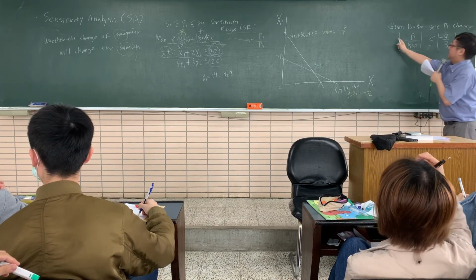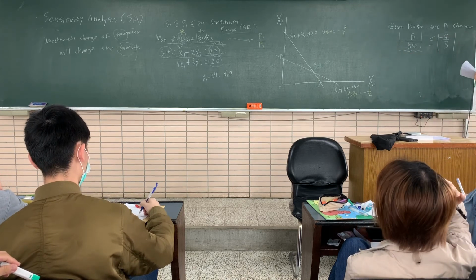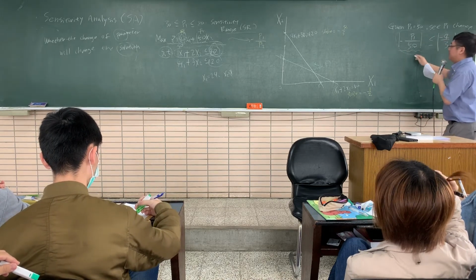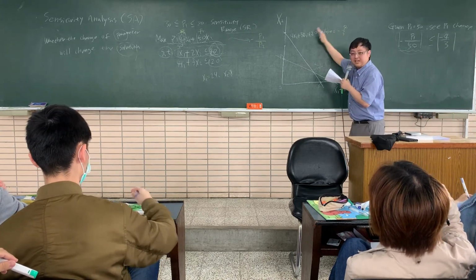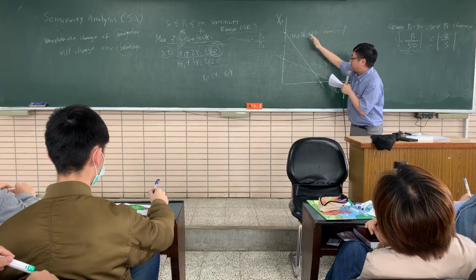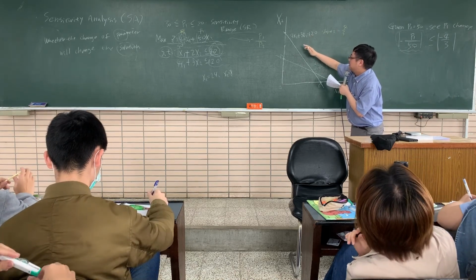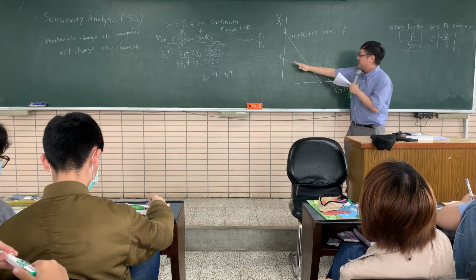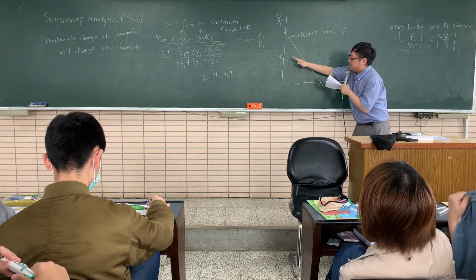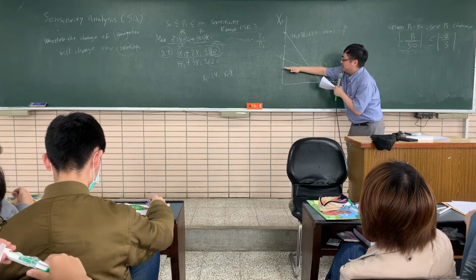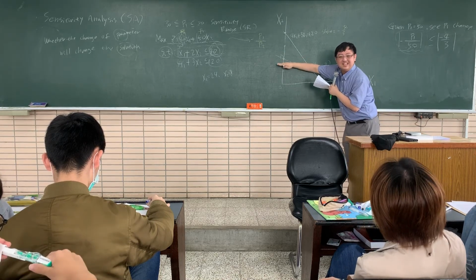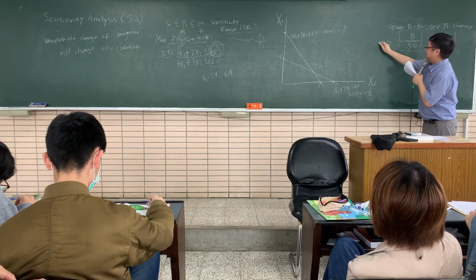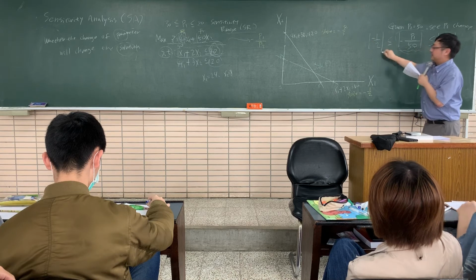And we have another part, right? If the slope of the objective function becomes flatter, at most the slope should be equal to this line. If it becomes even flatter, the solution will change from point B to point A. So it should be greater than or equal to this.